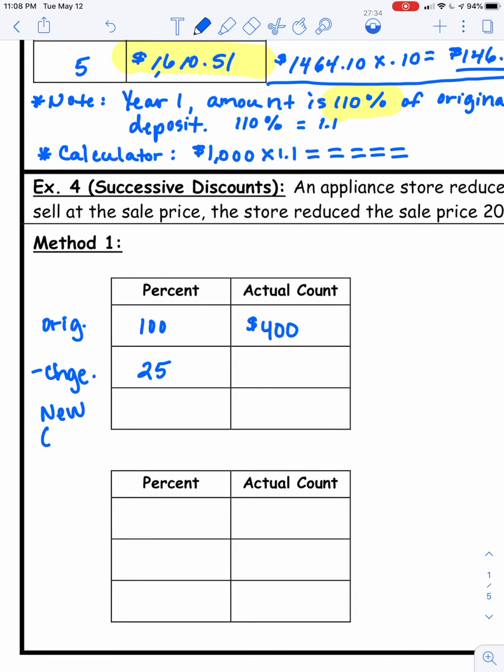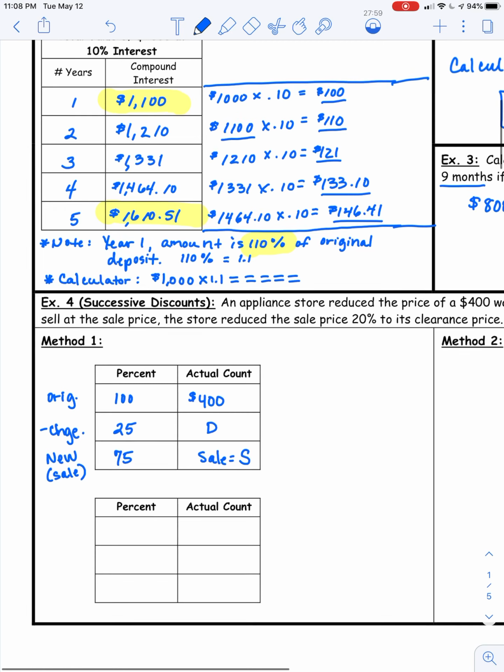And then our new price, which is going to be the sale price, and I'm going to put that in parentheses here, is going to be 75%. So if I bought that machine on a discount, I would only be paying 75% of the original price. I don't know what the discount amount is, and I don't know what the sale price is. But we are to figure out what the sale price is, and we're going to call that S.